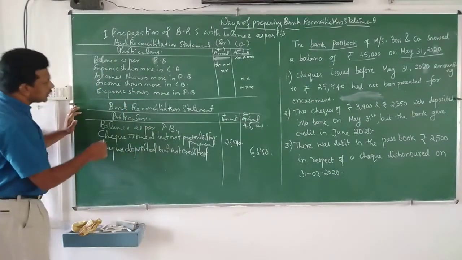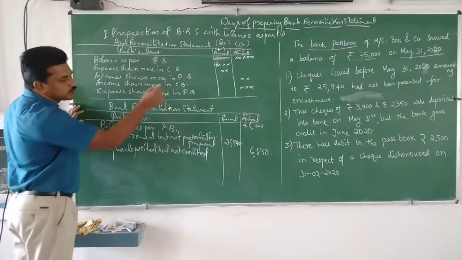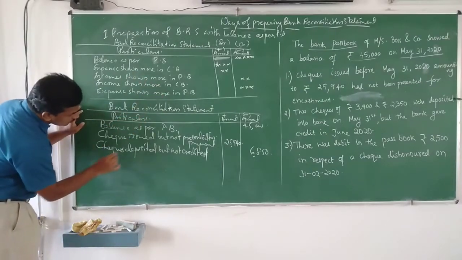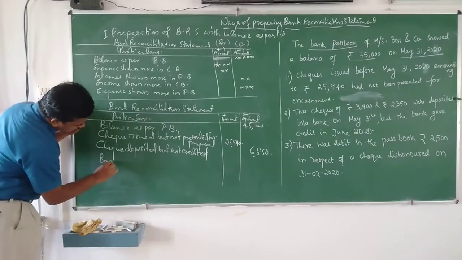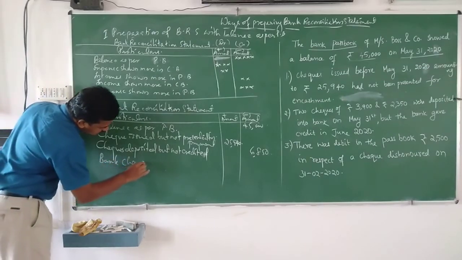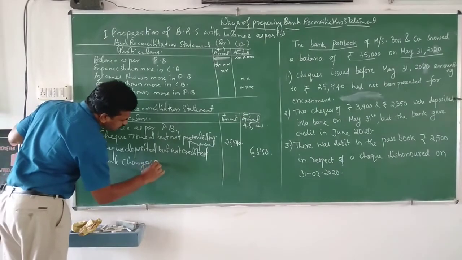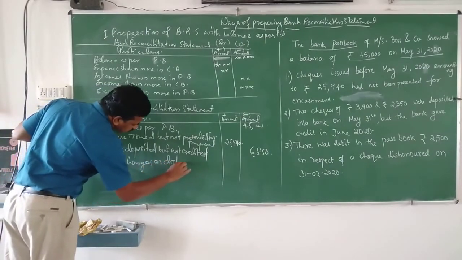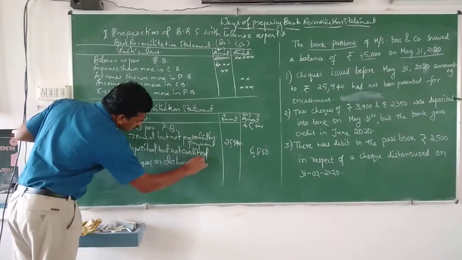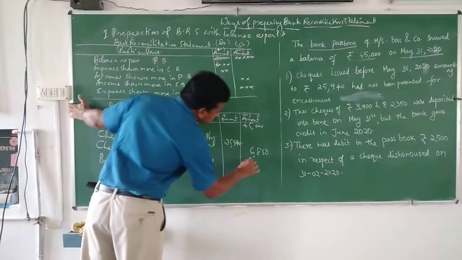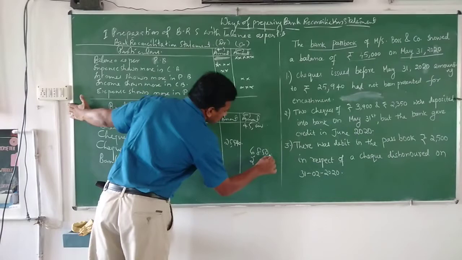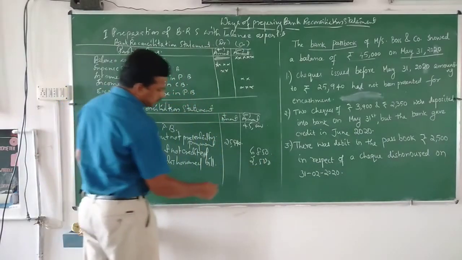We can write that expense shown in passbook should be credited. So we will write here bank charges on dishonored check. How much? 2500. Okay.